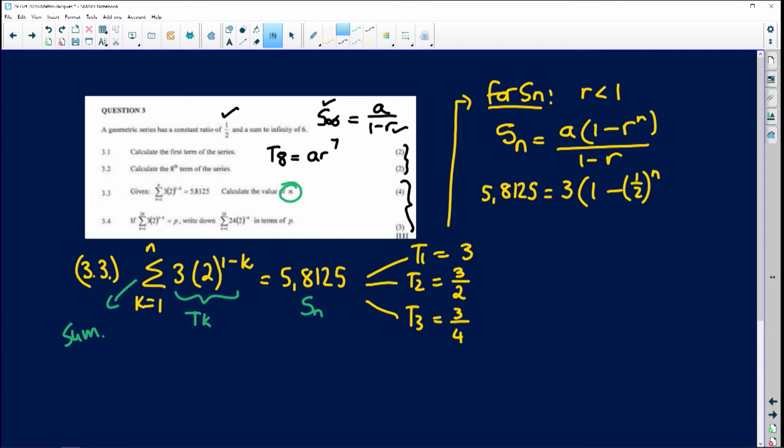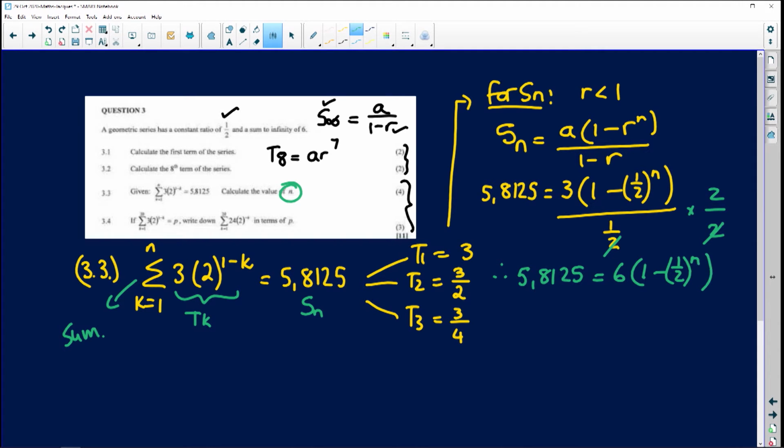We don't know what n is in this case, and 1 minus a half at the bottom is a half. So if you have a half at the bottom, all you need to do is multiply by 2 over 2. It's gone at the bottom, and that becomes a 6. Okay, so let's go into the next phase. We've got 5,8125, which is equal to 6 times 1 minus a half to the power of n.